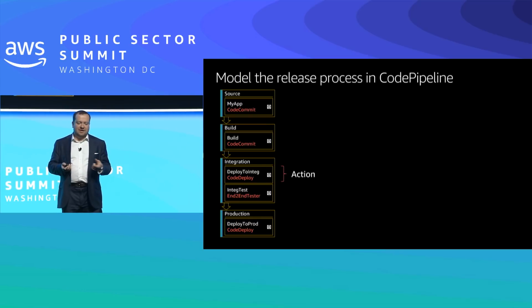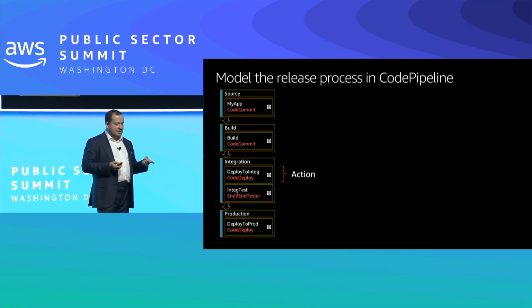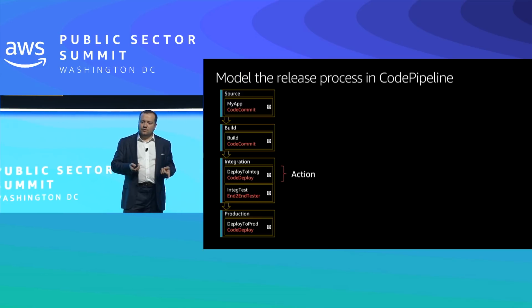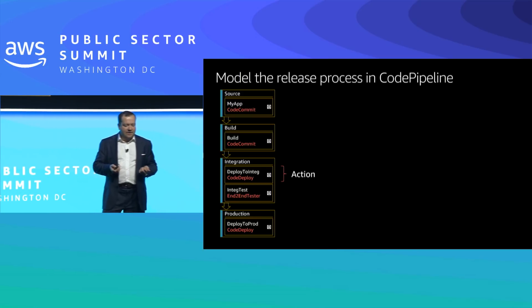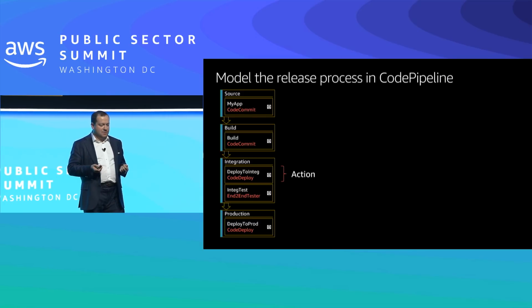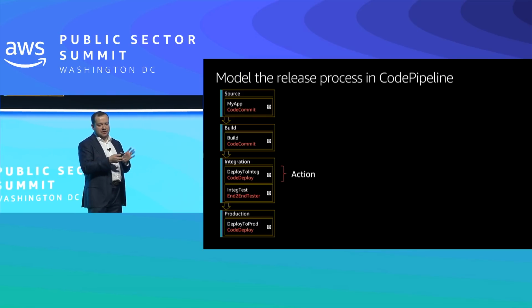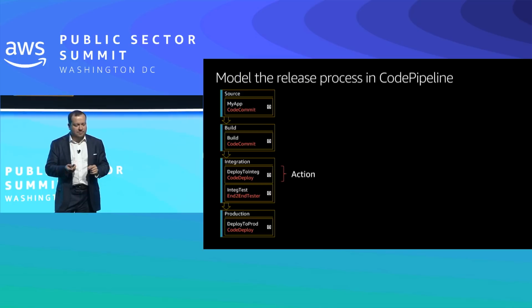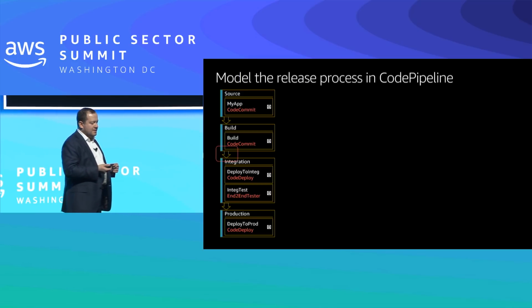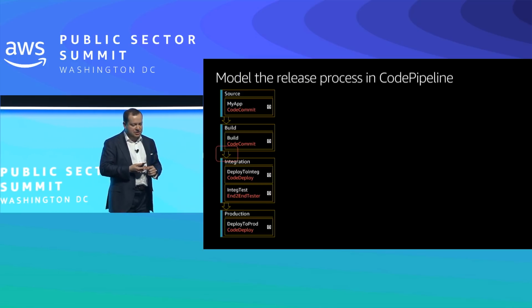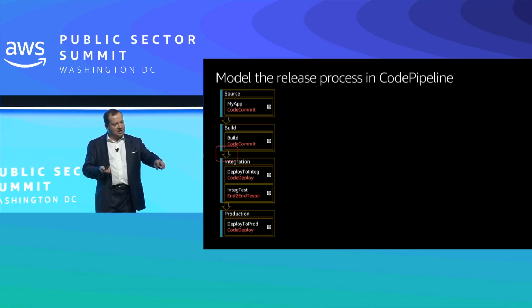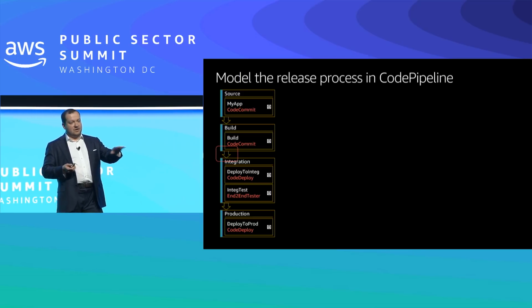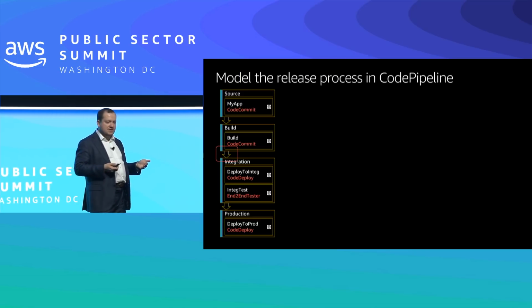And then within each stage, you can have multiple actions. So you can have sequential actions like what's here, and you can also have parallel actions as well. And these actions are what actually trigger events that happen in your CodePipeline. And then we've got transitions. So when one stage is done, when all the actions are done, if they're all successful, it'll transition to the next stage.